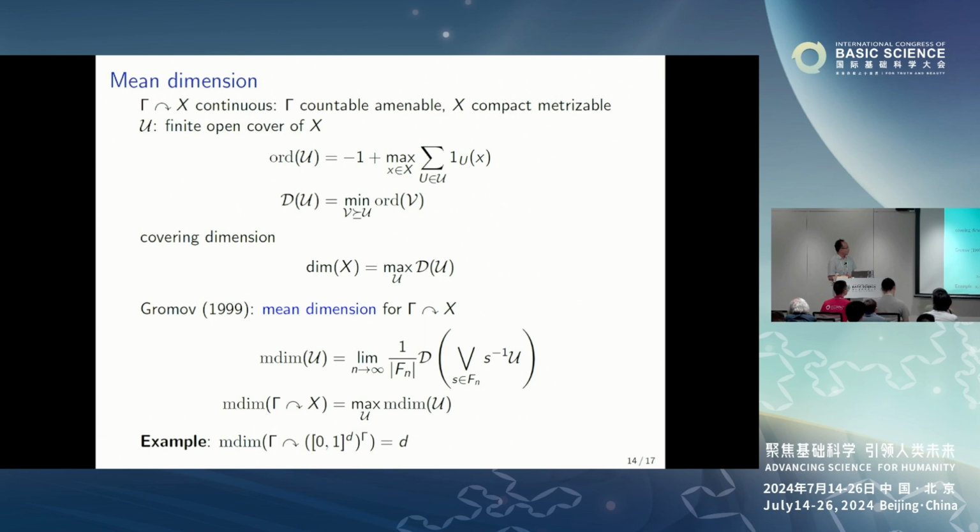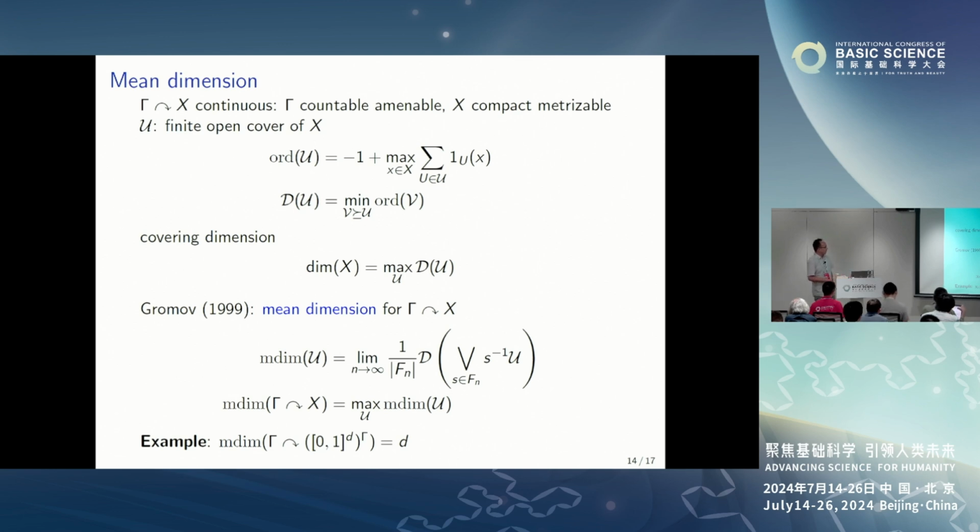So you look at the Følner sequence, and for each group element, you pull back the open cover and take the join of them. This is the same as before for topological entropy. Now you take this D number. This time it does not grow exponentially anymore. Typically it grows linearly. So you divide by the size of F_n and take a limit. Again, the Ornstein-Weiss lemma guarantees that the limit exists.